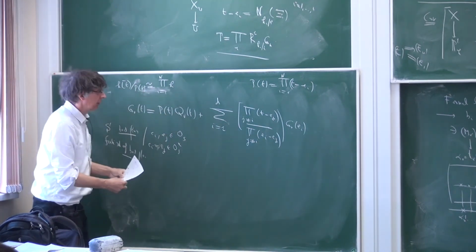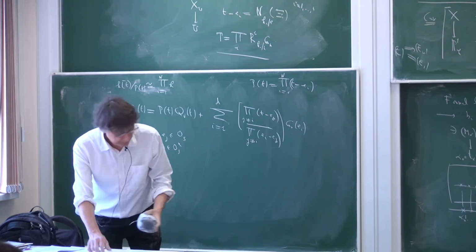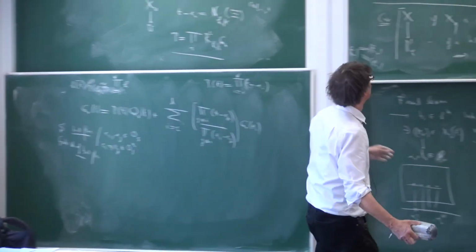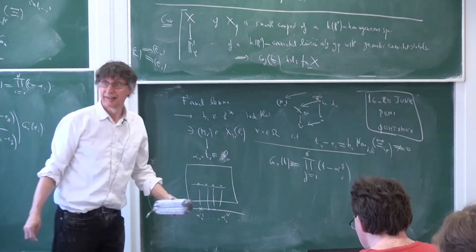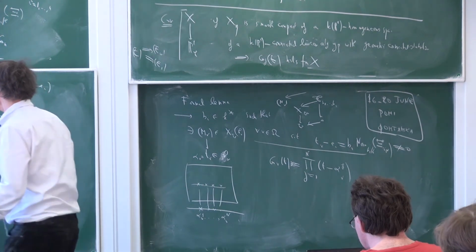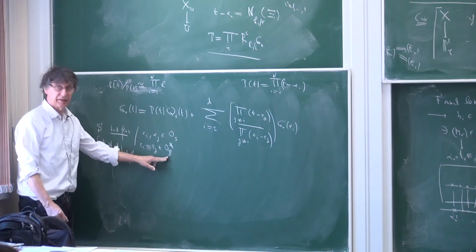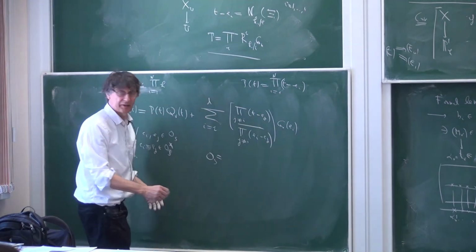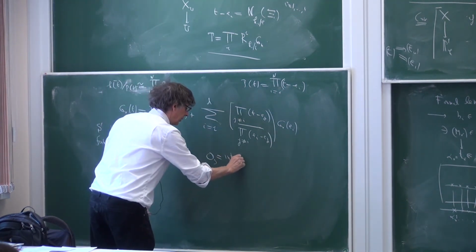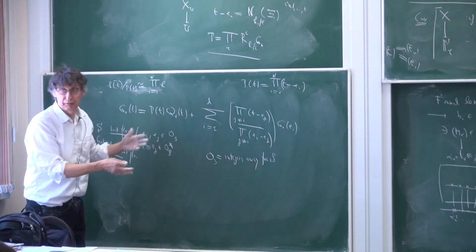Here O_S is the integers away from S. I want good reduction for my whole situation over O_S. There's also something I haven't written, the substitute for H star.